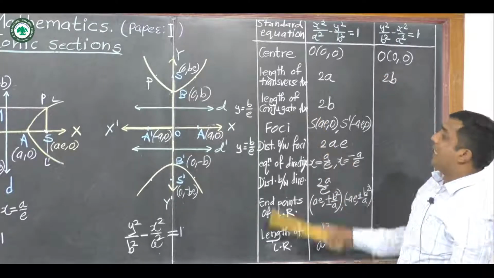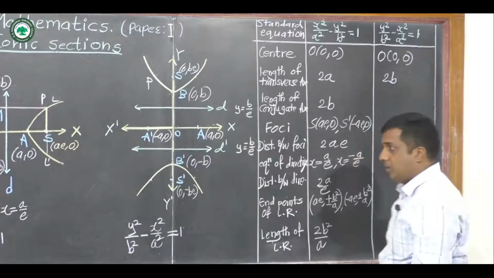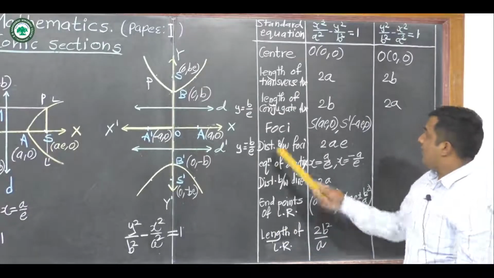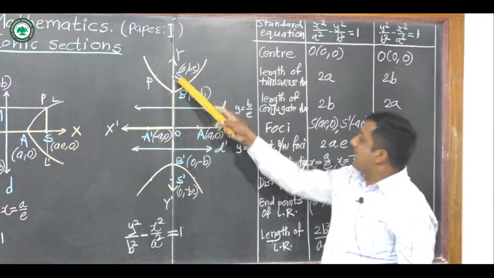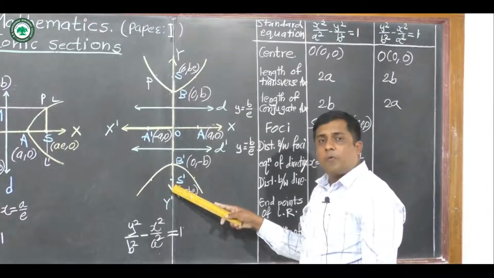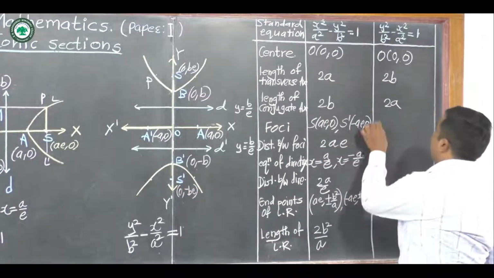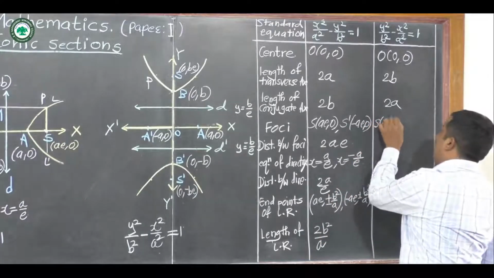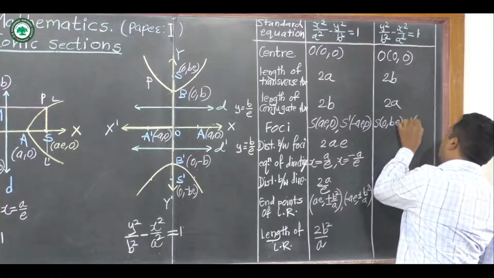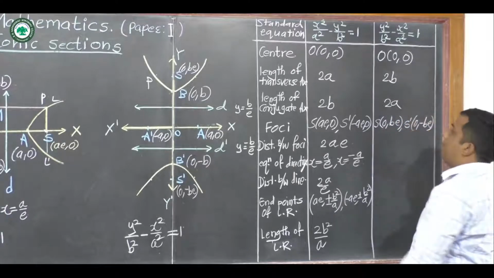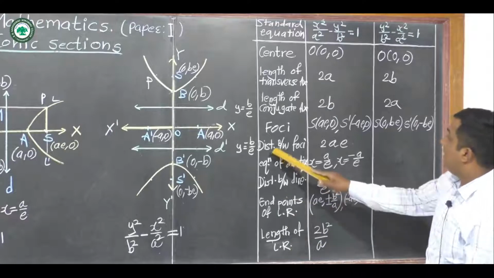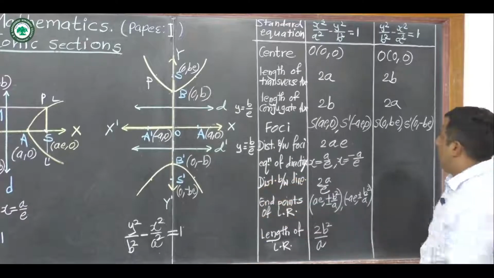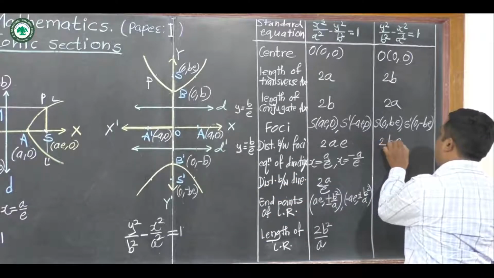Then the length of the conjugate axis, that is AA dash, is twice A. Then the coordinates of the foci: S and S dash are the foci. The coordinates of S are (0, BE), and of S dash (0, minus BE). Then the distance between the foci, between S and S dash, is 2BE.